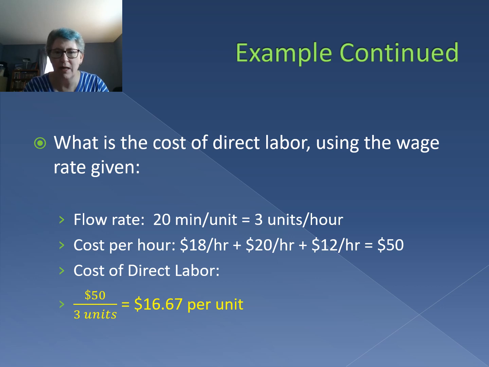One person is being paid $18, the second person is being paid $20, and the third person is being paid $12, for a total of $50. So we're paying all these people a total of $50 over the hour, but we're only actually creating 3 units. So our direct labor cost is $50 divided by the 3 units, which yields us $16.67 per unit.